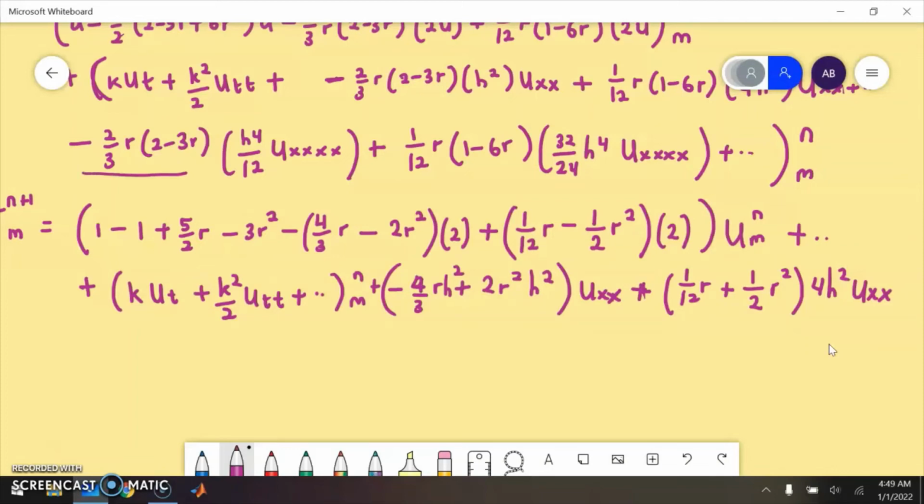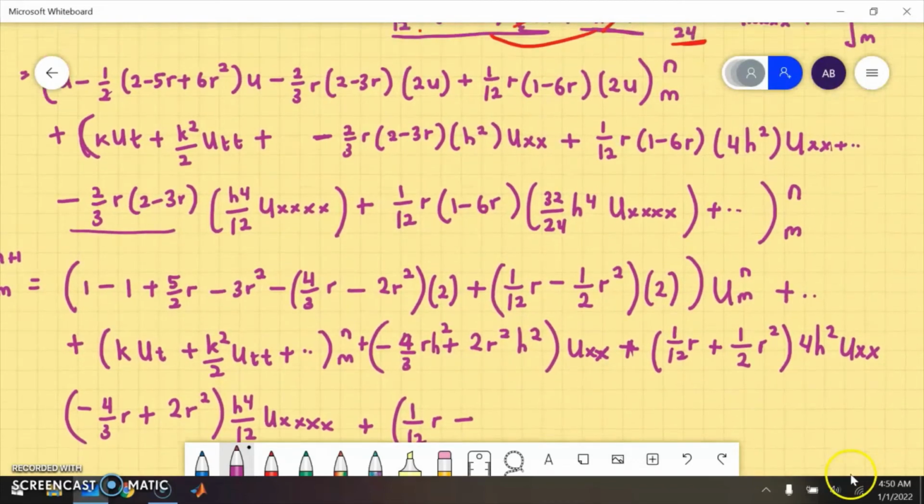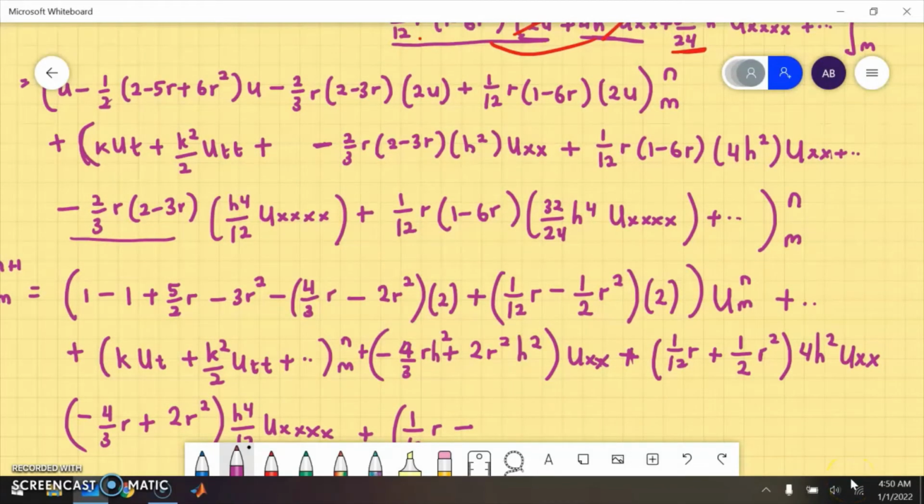And then expanding this term here, negative 4/(3r) plus 2r², h to the power 4 over 12 u_xxxx plus 1/(12r) minus, let me just check, where's it minus?